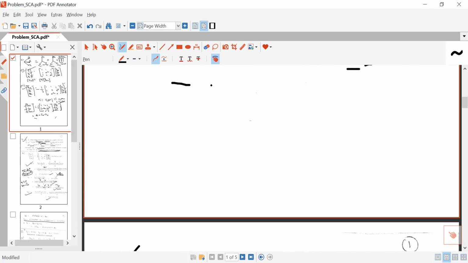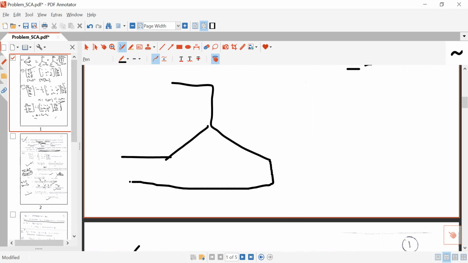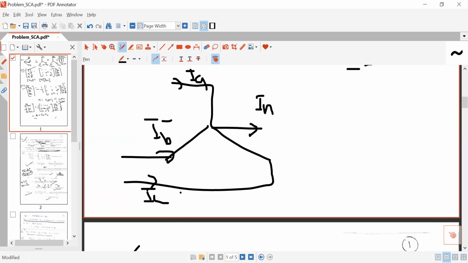Suppose this is a star connected system. What will be the value of neutral current? Neutral current will obviously be the sum of these three phasor currents, because neutral will exist only in star connection.